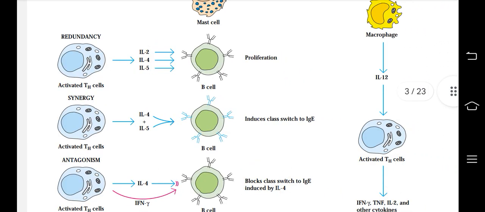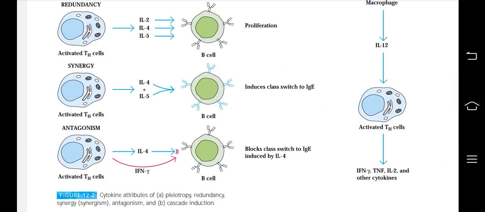Okay. Then antagonism, activated Th cell is there, and IL-4 is released from this activated Th cell. If that IL-4 is present, there must be some sort of class switch, as we mentioned earlier. Okay, but IFN gamma is another cytokine which is also released from this activated Th cell, that will eventually block the binding of IL-4 to its receptors on B cell.